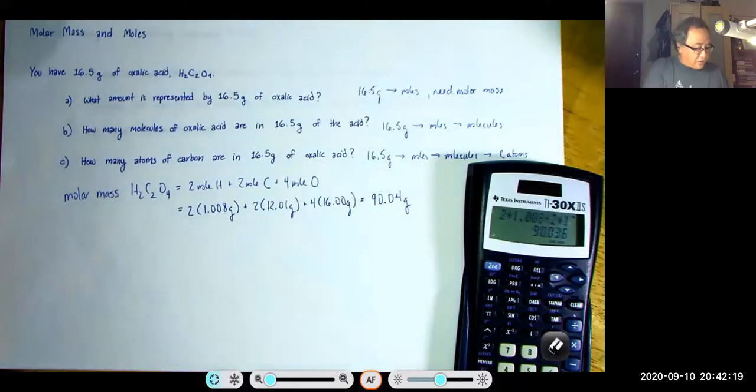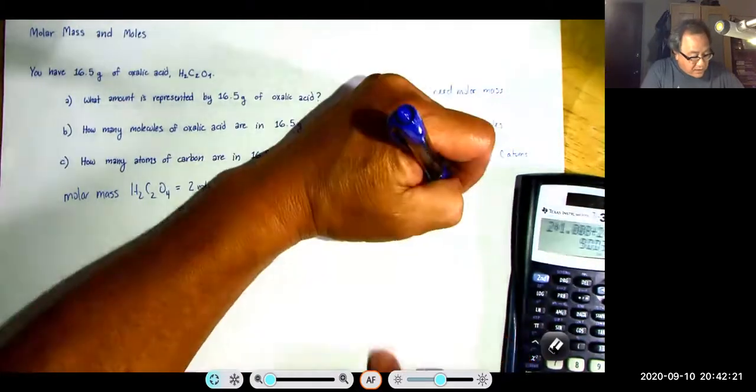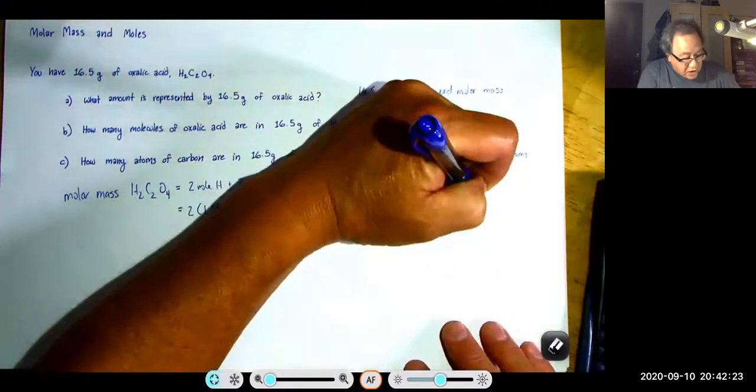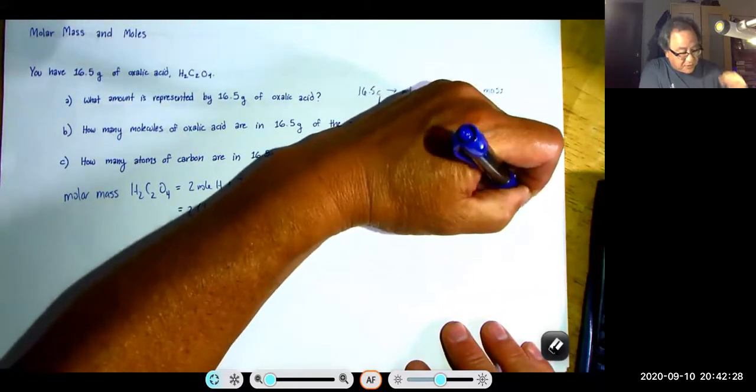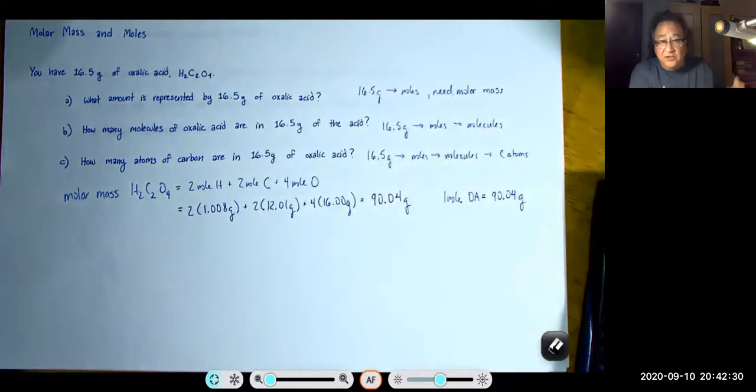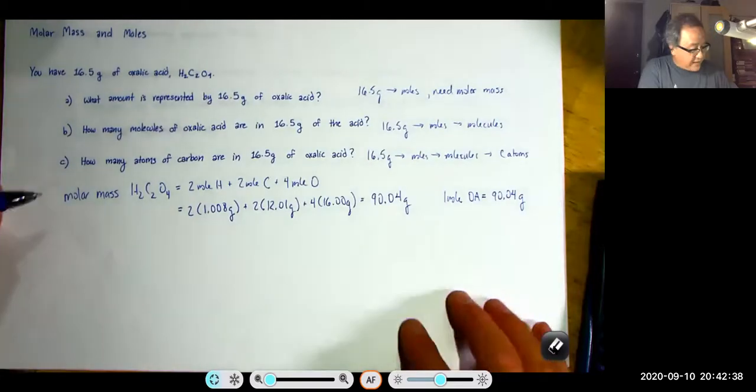Okay, so this means that 1 mole of oxalic acid is 90.04 grams. I'm using OA as an abbreviation for oxalic acid because I don't want to write H2C2O4 again and again. Okay, so we're prepared to do A.